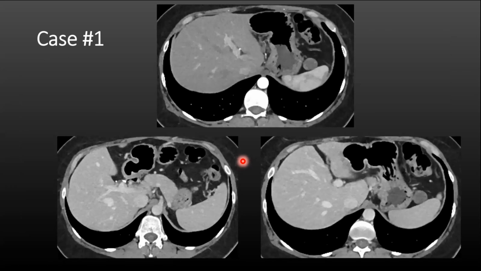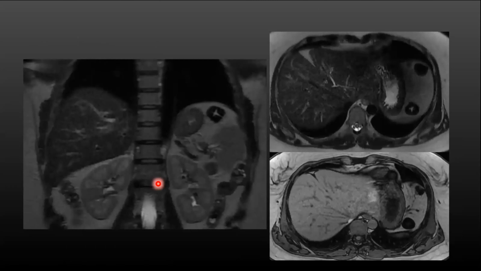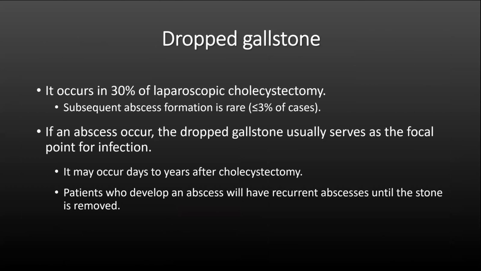If we go back to the CT, you can see there are surgical clips around the liver. We dug into the history. The patient has a prior cholecystectomy. Also, in the MRI, there is no enhancement. So the overall findings are compatible with a dropped gallstone.